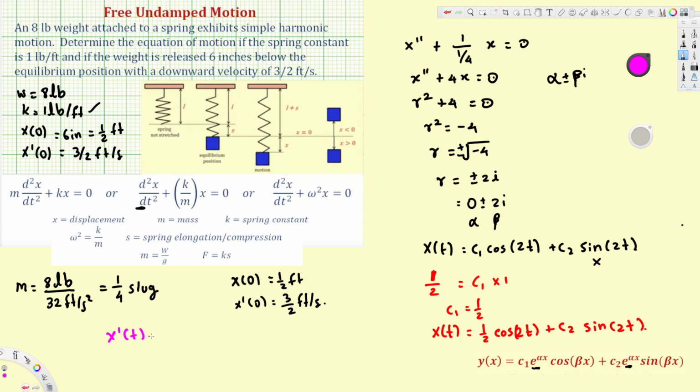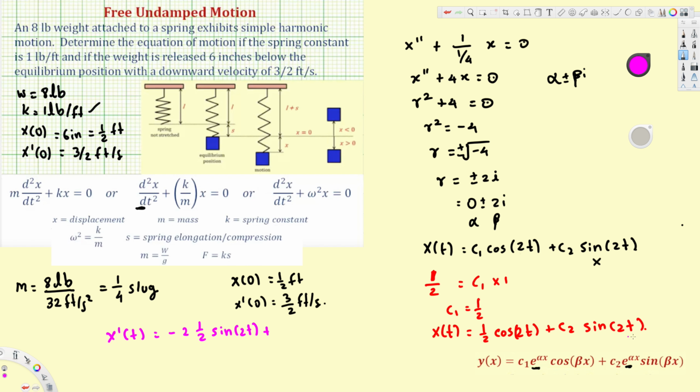If you take the derivative of this, let's write it here, x prime of t. The derivative of cos is going to be negative sine, and also we have a chain rule, inside derivative and outside derivative. Outside derivative is negative sine 2t, but inside derivative is going to be 2, so we multiply by 2 times half sine 2t.